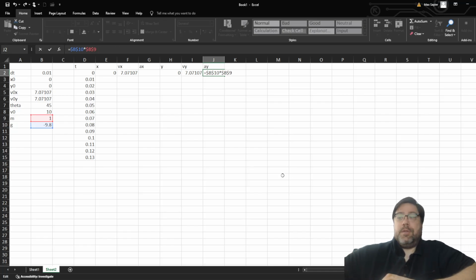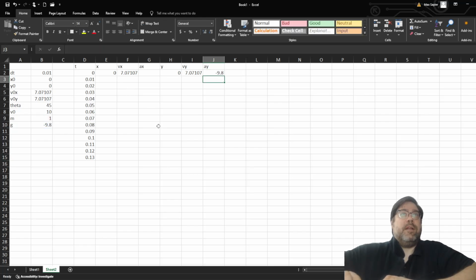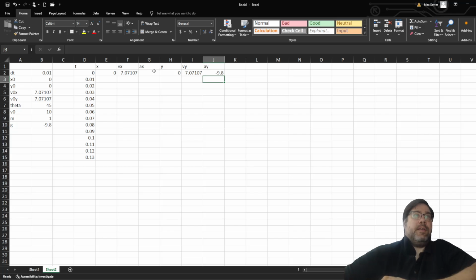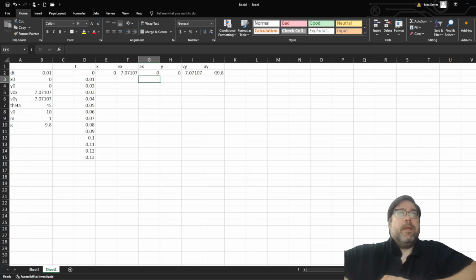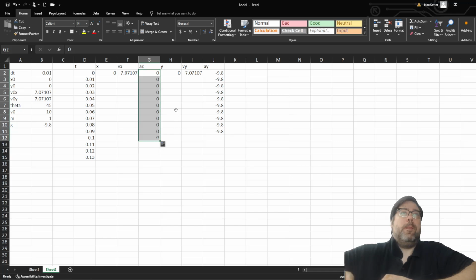So this is the force divided by the mass. This seems kind of foolish, but we'll see why I need the mass in a second. So this is the acceleration, right? It's just minus 9.8. The acceleration in x just equals 0 in this case. Okay. This is just going to be copied down. All right.